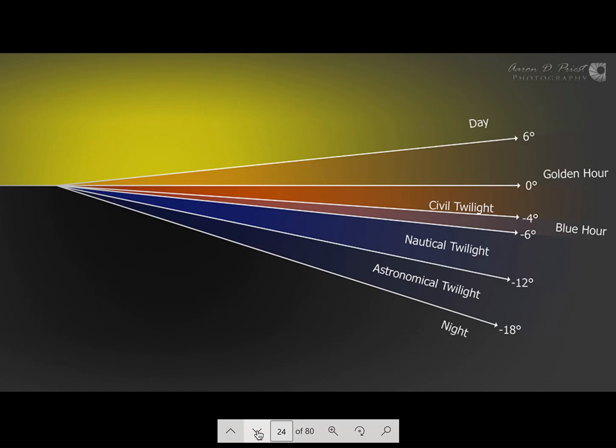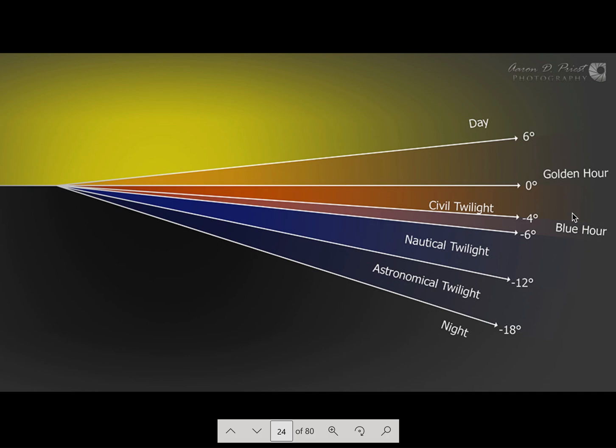Okay. And then this is sunset. And we've talked about the golden hour. And that is from, so this is when the sun is setting. So when the sun is, actually the sun's over here, when the sun is about 6 degrees off the horizon to about 4 degrees off the horizon, that's your golden hour.